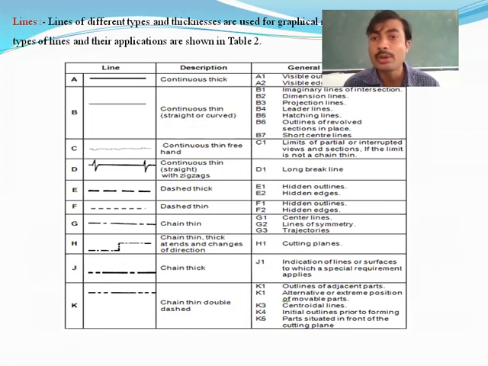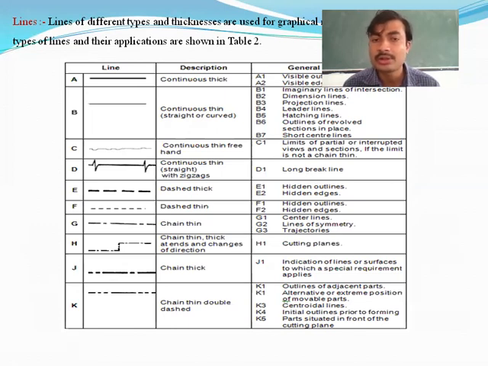At that moment, we will break the object. I mean, we are going to break the continuity. That can be done with the help of a continuous thin freehand. That's why the application, when to use this one: limits of partial or interrupted views and sections if the limit is not a chain thin. The next one is continuous thin with zigzags.